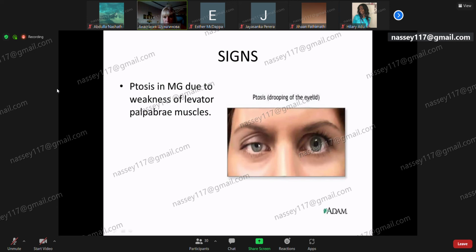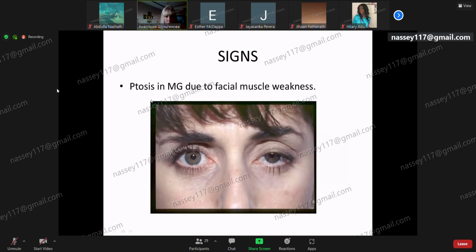Ptosis. And on the contralateral side, when you look at the eyeball, it seems abnormal too, yes? It's much wider than it needs to be. Why is it seen? This is a compensatory mechanism of the unaffected muscle. Then, ptosis in myasthenia gravis due to the facial muscle weakness.